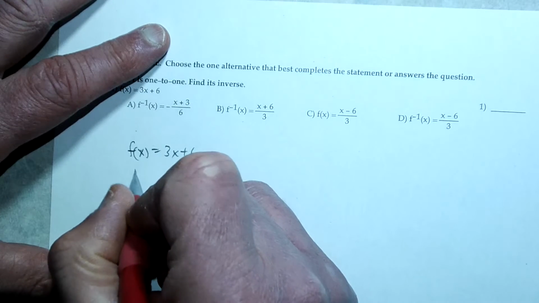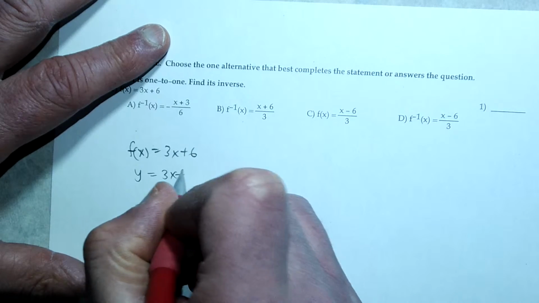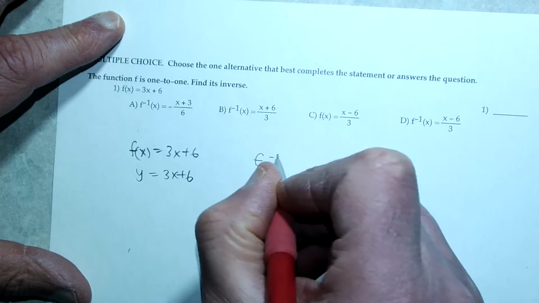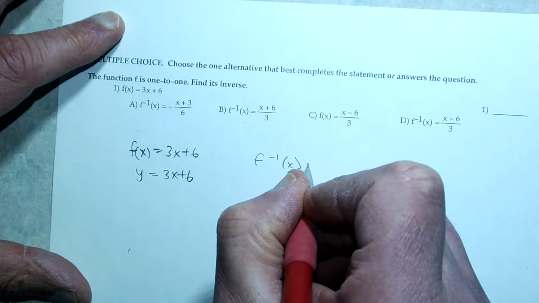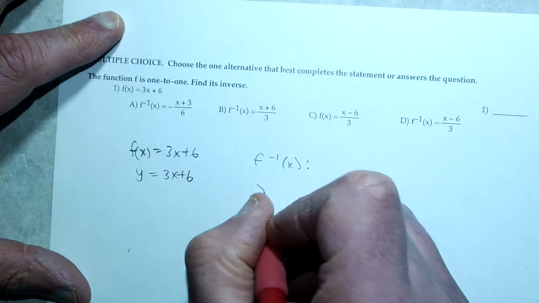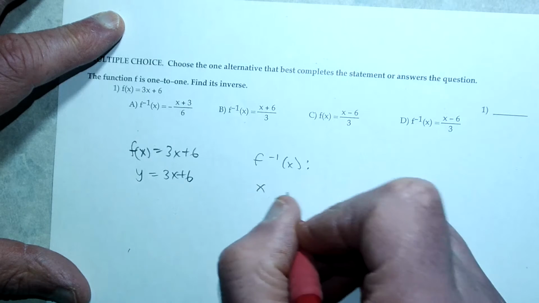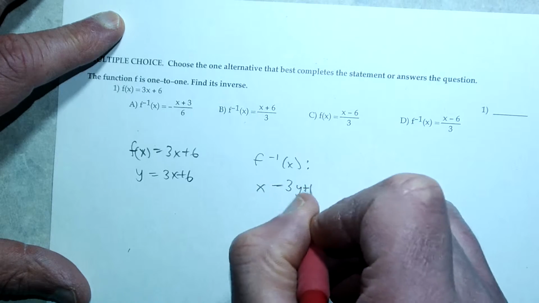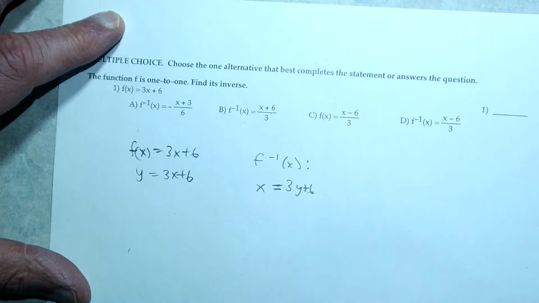If we say this is basically y is equal to 3x plus 6, to find the inverse function, I'll let y be x over here and let x be y. And I'm going to solve this for y. I'm turning the function around.